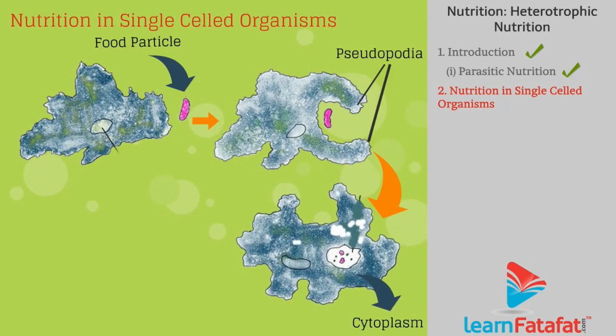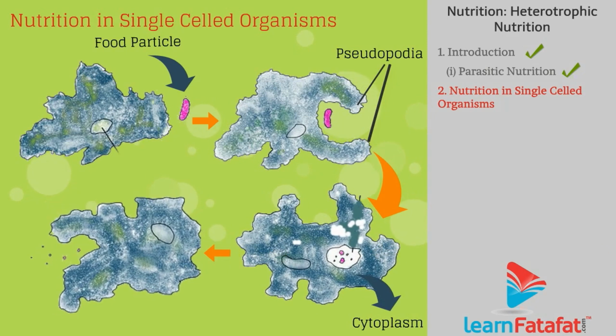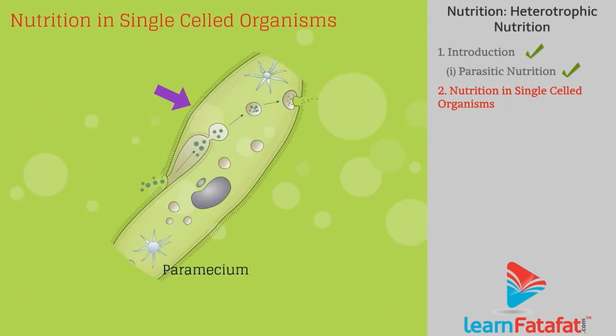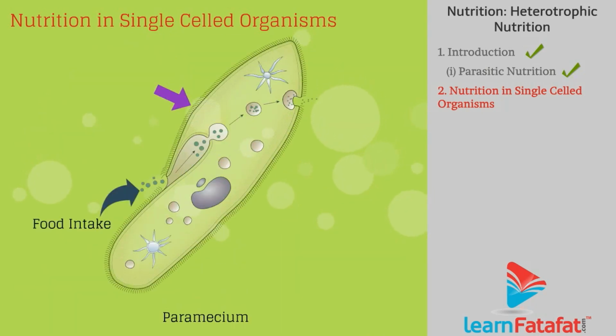In the food vacuole, food particles get converted to usable form and released in the cytoplasm, and waste is released outside with diffusion at the cell membrane. The surface of paramecium is covered with cilia, which move food particles to a specific spot so that they can be taken into the body.